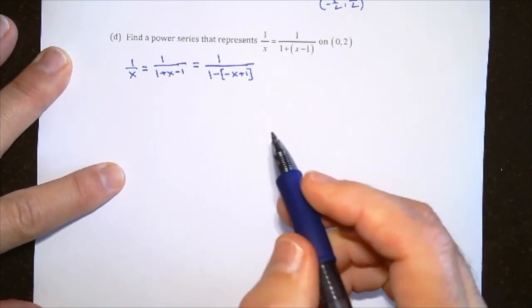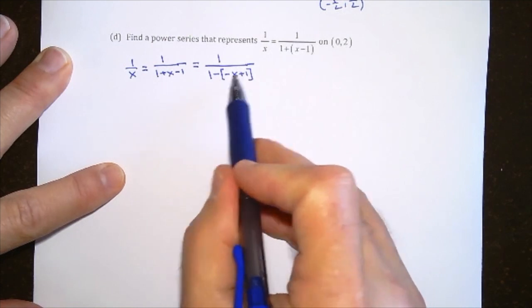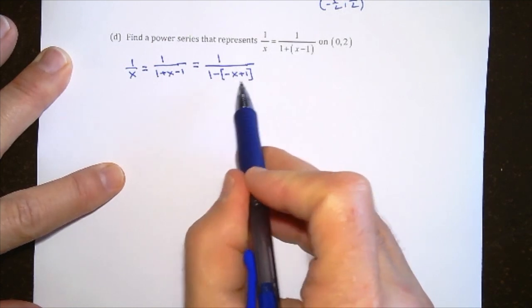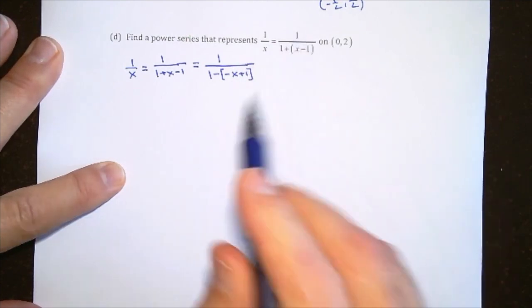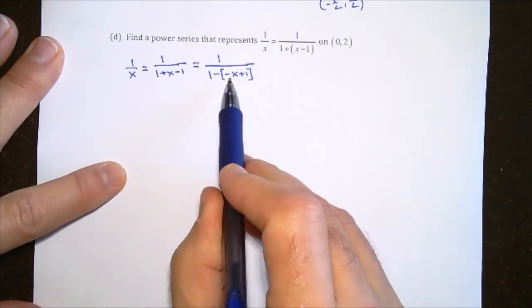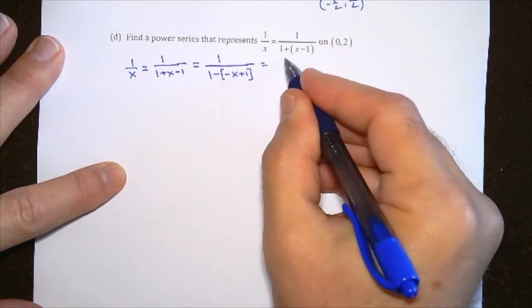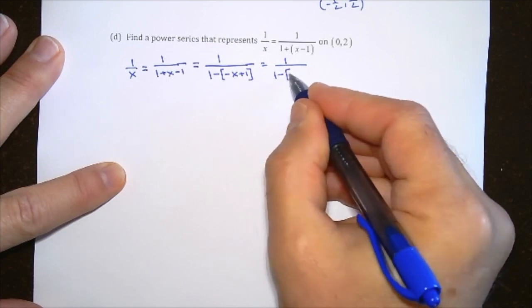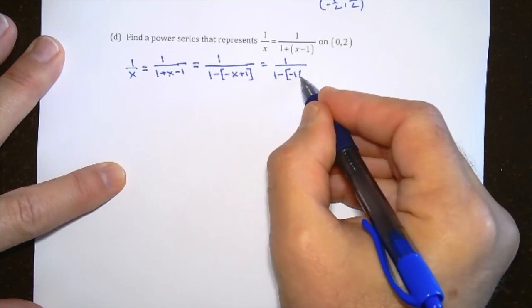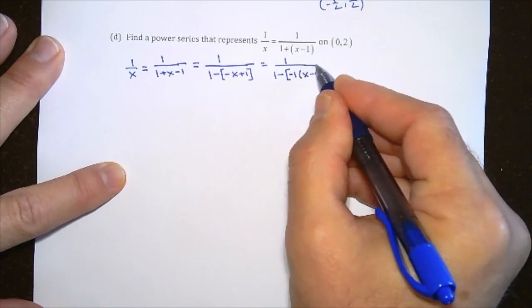All right. Now, one other thing that we can do. So now this is our r right here. Okay, so we could rewrite this as 1 minus x. I'm going to do something a little bit differently because it's going to help us for the next problem. We can pull a negative even out of this. So this becomes 1 over 1 minus bracket, and then negative 1 times x minus 1.